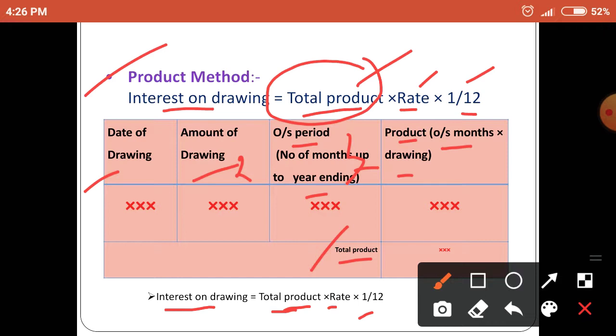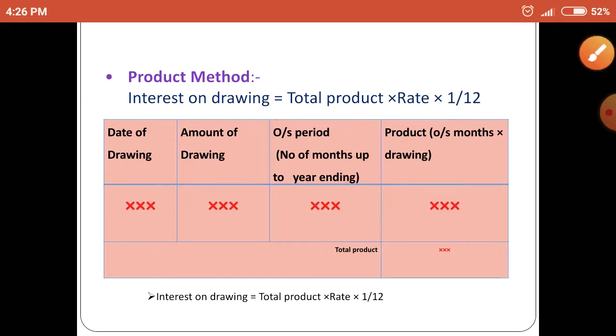The format is: date of drawing in the first column, amount of drawing, outstanding months, and next product, and lastly the total product. You substitute this total product in the formula, total product into rate of interest into 1/12. So this is the calculation of interest on drawing under the product method.